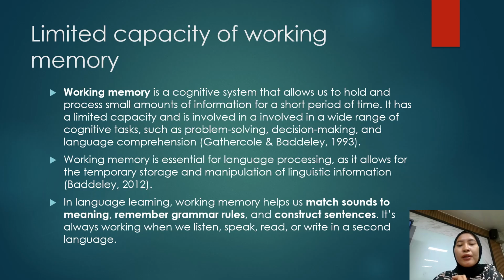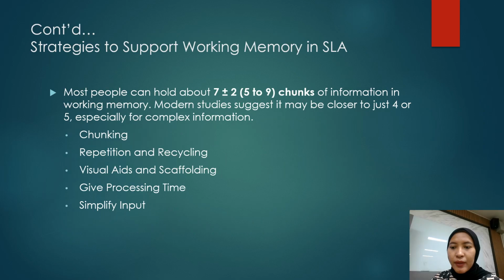We use it for learning, we use it for problem solving, we use it for decision making. However, this memory system has a limited capacity because it can only retain information for a short period of time, right?